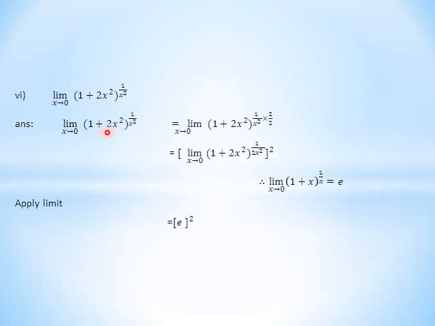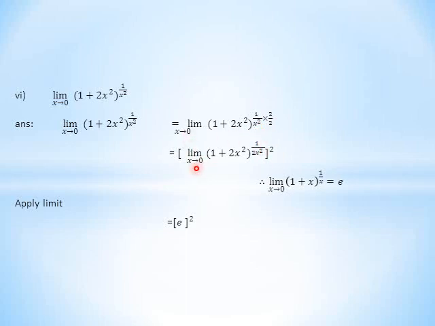So if here is 2x square, then the exponent should also be 1 upon 2x square. So for this, I'm multiplying and dividing by 2 in the exponent.